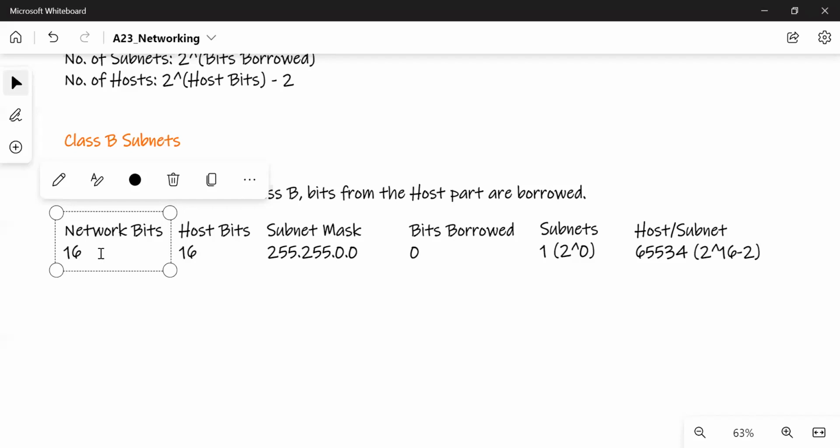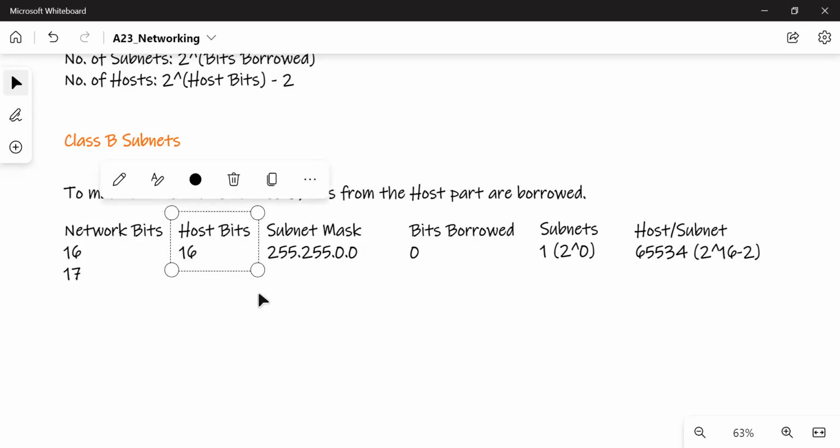And we are going to borrow 1 bit from the host bits. Let's say you are going to create 2 subnets, so you borrow 1 bit from the host bits. So now network bits become 17 and host bits reduced to 15.